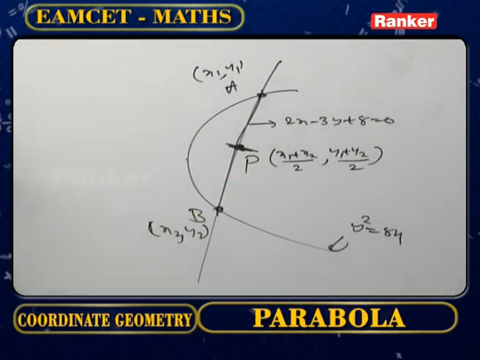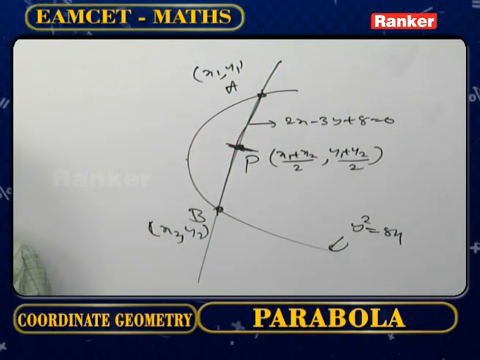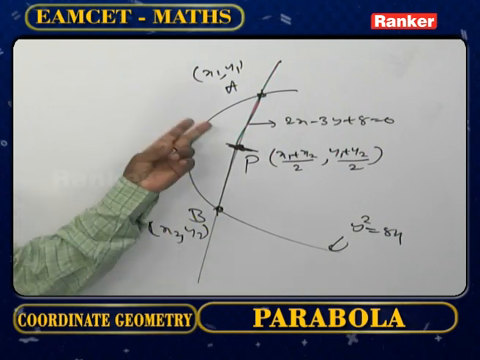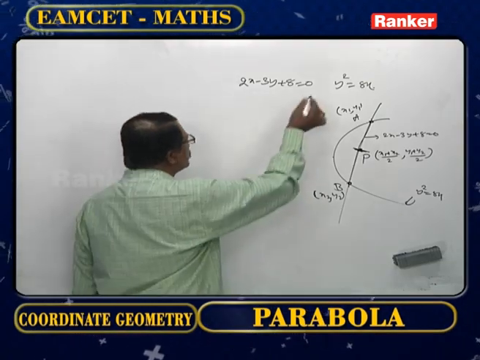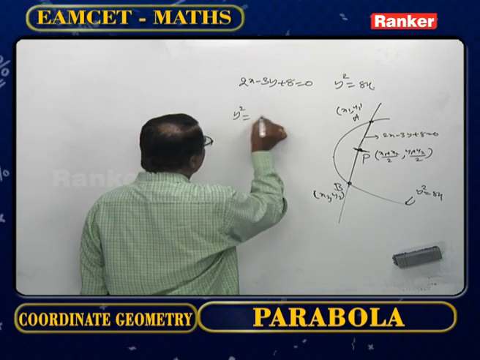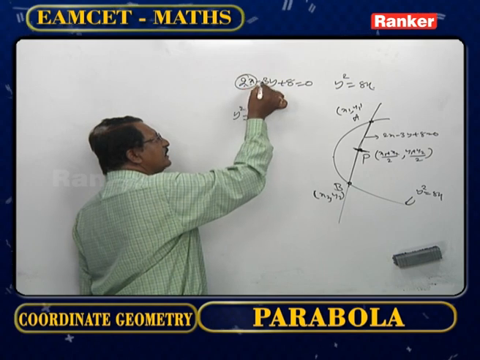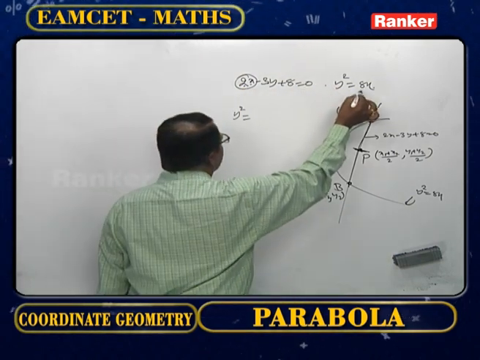Now by using the equation of the chord and the equation of the parabola, eliminate x or y, any one of them, to form a quadratic equation. Now y square equals 8x, but from the equation of the chord 2x equals 3y minus 8.